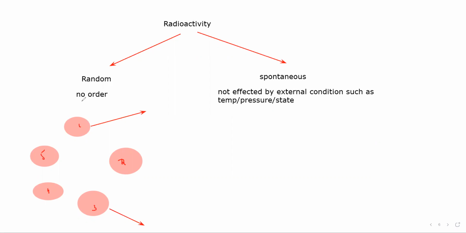In the beginning I mentioned random means there is no order. It can be anyone. Maybe 5 will emit, maybe 2, maybe 3 again, maybe 4. We cannot predict which will be the next nucleus to decay. It is not having any order.